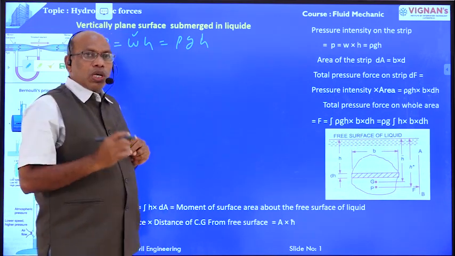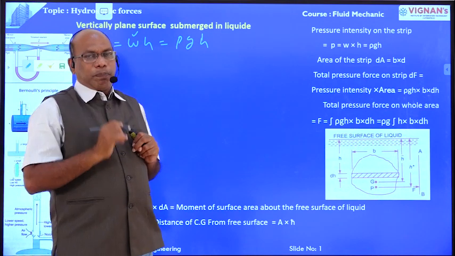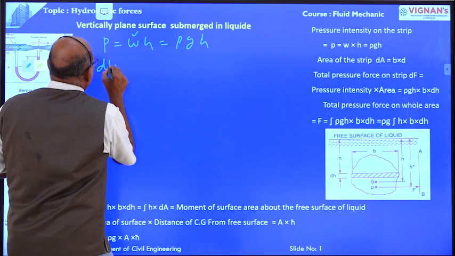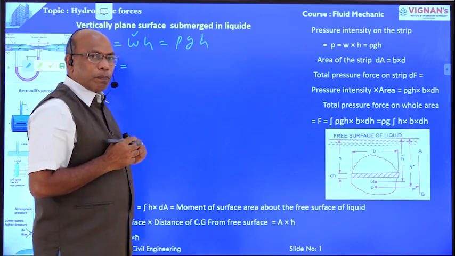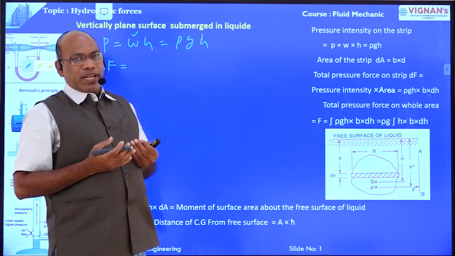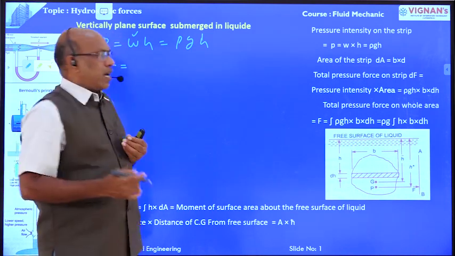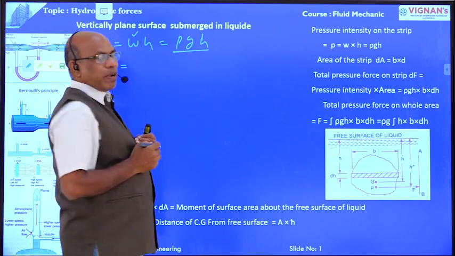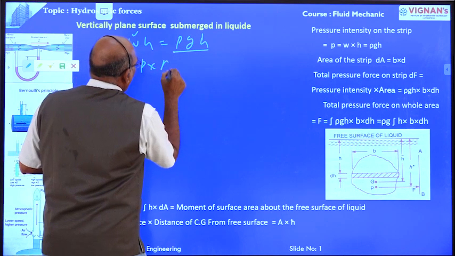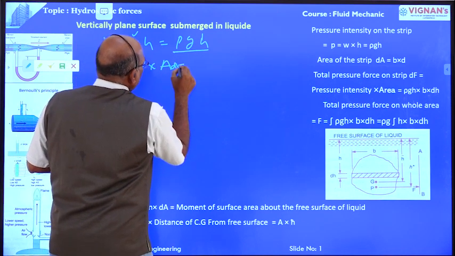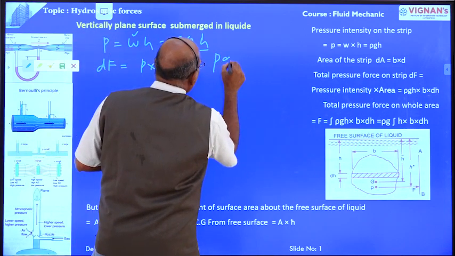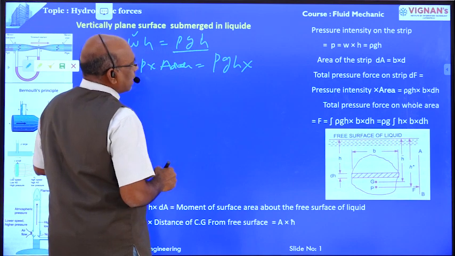Now, the pressure force on the strip, that is dF. Force is equal to stress into area, or intensity of pressure into area. The intensity of pressure we have already determined. Therefore, dF is equal to rho g h into the area.